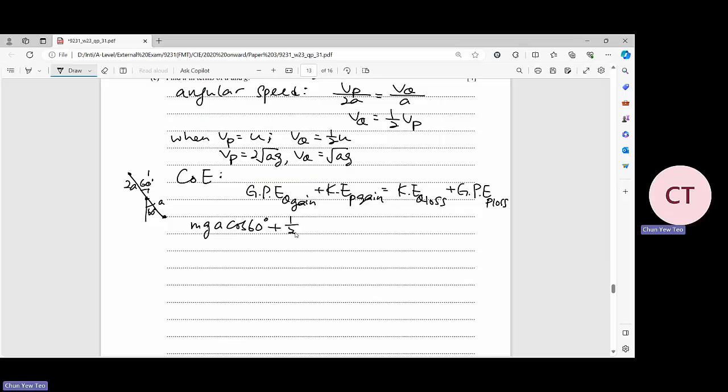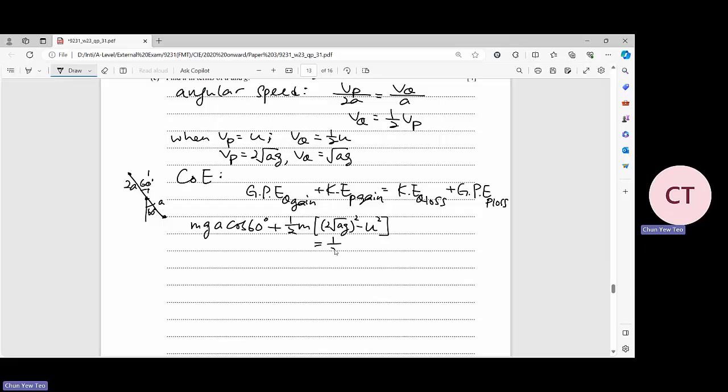Then the KE of P gained is half m times (the V squared, which is (2/3 ag) squared minus U squared). Then it equals the KE loss.